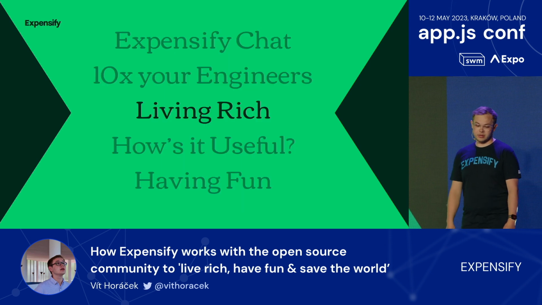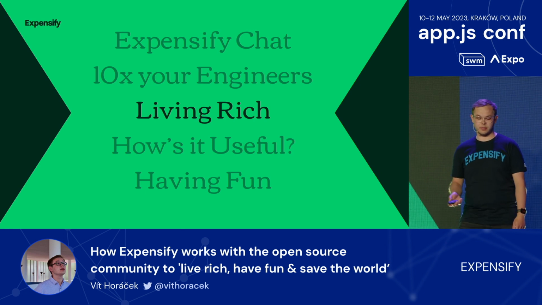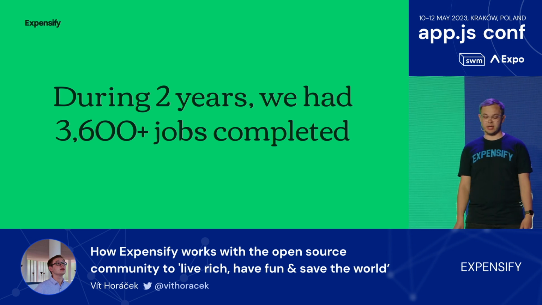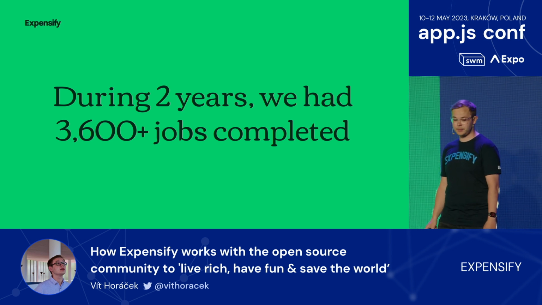So, living rich, I'm going to show statistics from our program so far. It's been 2 years since our program began, and we have paid out and completed over 3,600 jobs on Upwork.